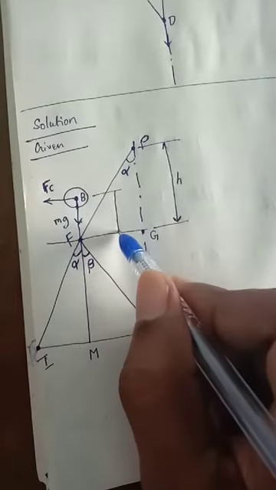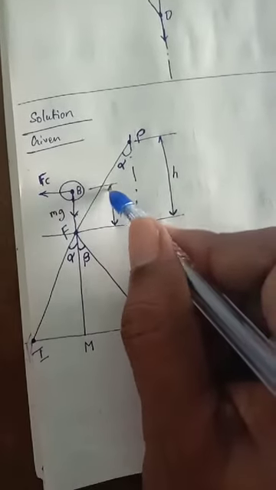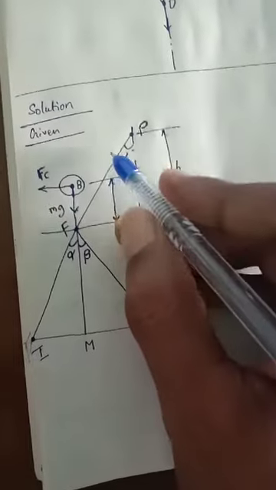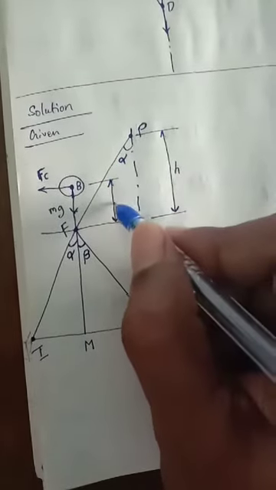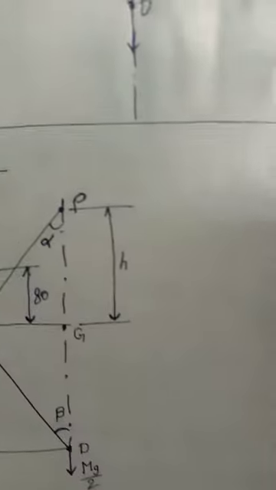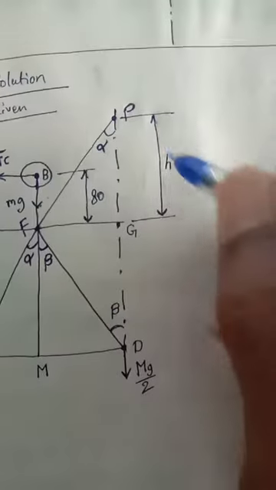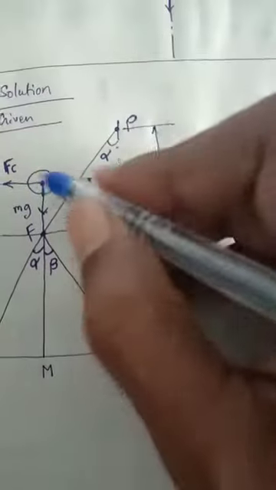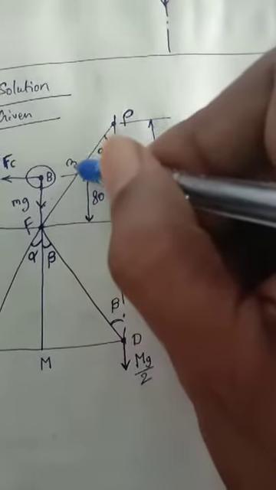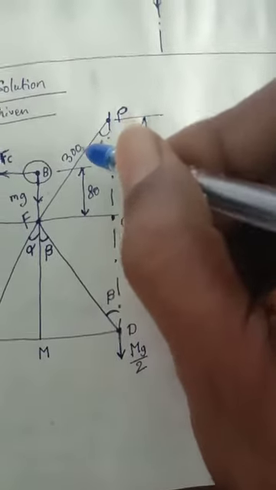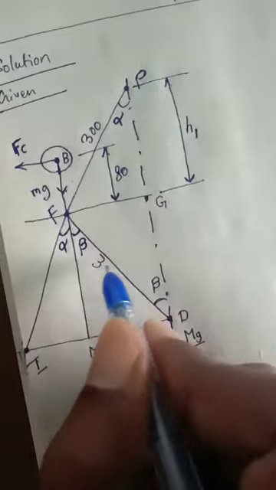Here to here the height is given as 80, which we call H1, and this link is 300, and similarly this link is also 300.